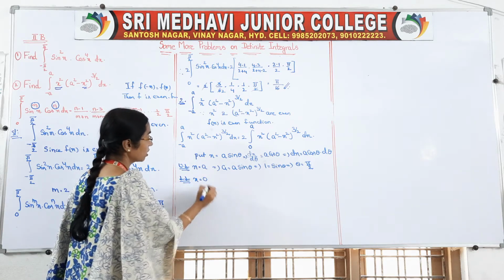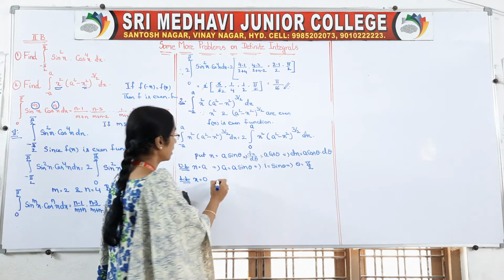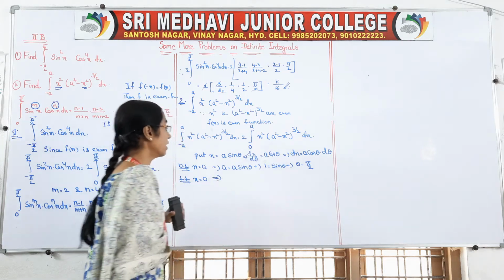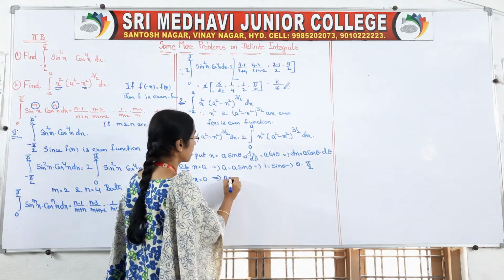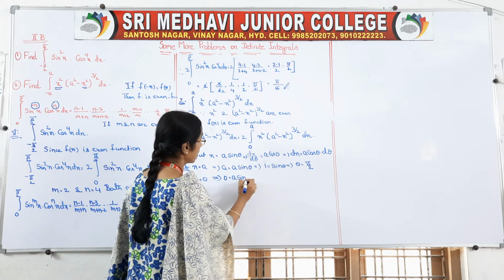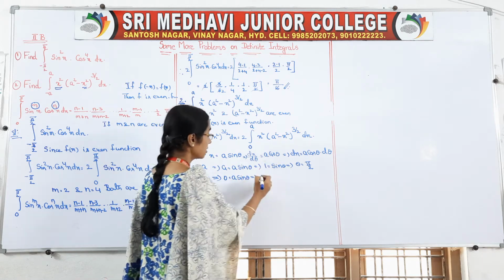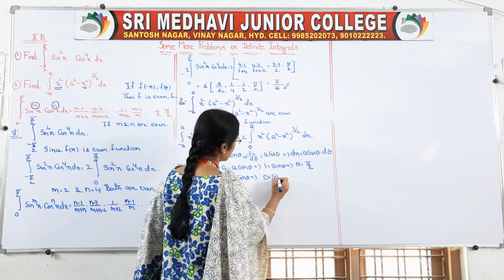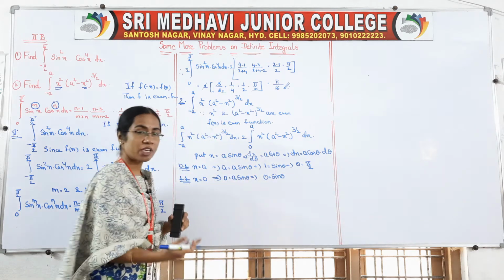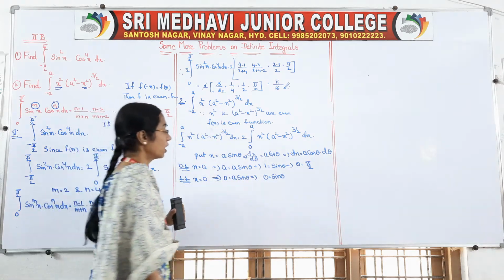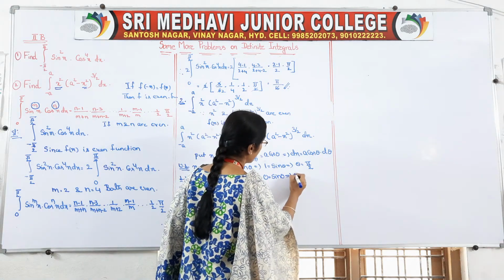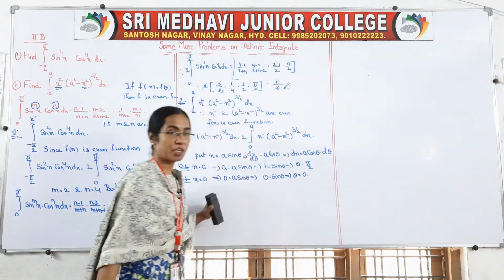So x is equal to 0, right? Then come on, 0 is equal to a sin theta. Implies what is the value of sin theta? Sin theta is equal to 0 by a, which is 0, right? So your theta value is 0.